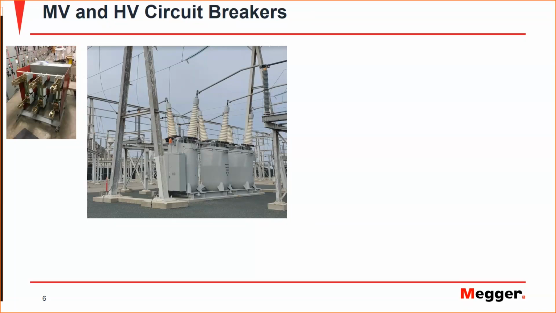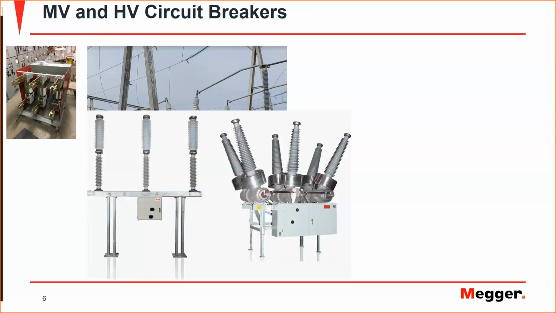Any kind of these circuit breakers is usually being decommissioned or replaced by the newer technology that is dominating, which is SF6 circuit breakers. These SF6 circuit breakers usually come either as a live tank or a dead tank.